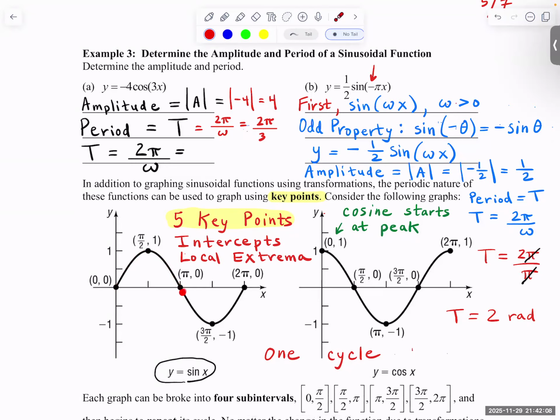That's the third key point. The next key point, as y becomes more negative and reaches -1 at 3 pi/2, is the fourth key point. Now beyond 3 pi/2, we're into quadrant 4. Y is negative, but it's increasing to 0. And then the function value repeats at 0 at 2 pi.